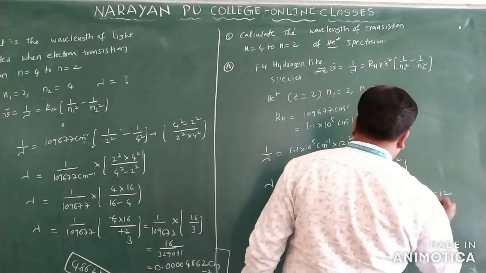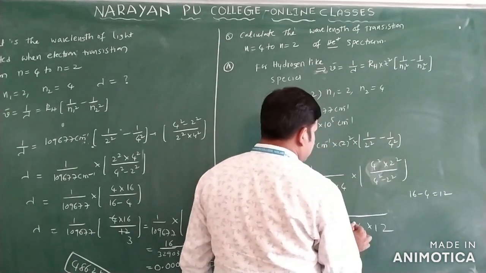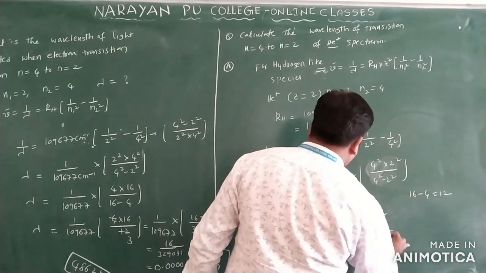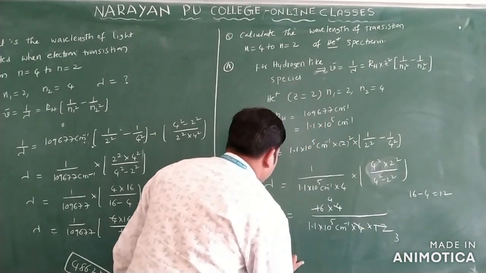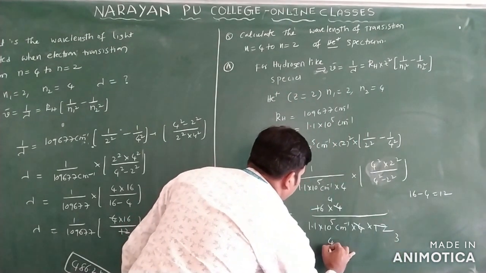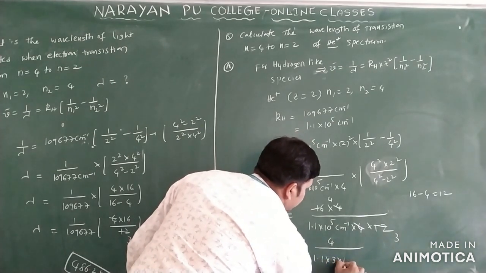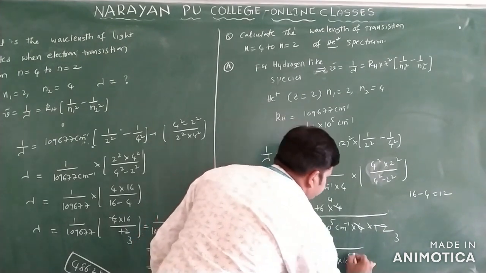How much is that? 12. So 4 and 4 cancel here, 4 three times and 4 times. So lambda is equal to 4 by 1.1 into 3 into 10 power 5.